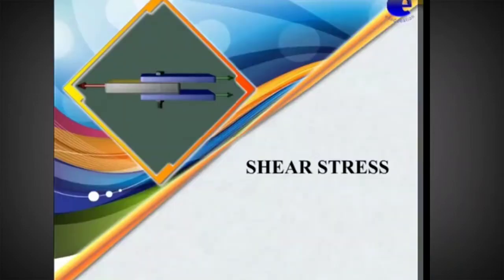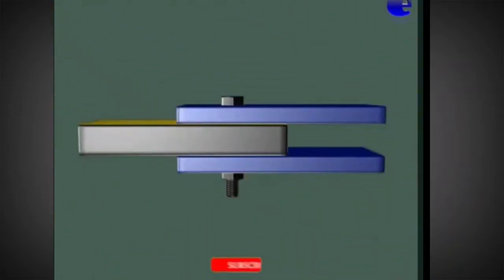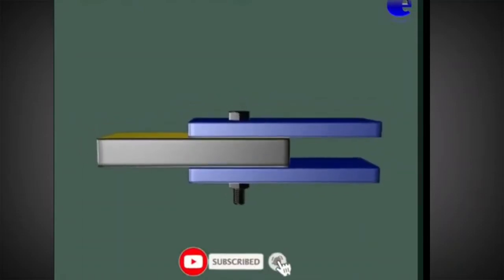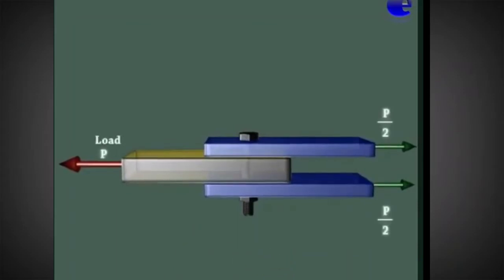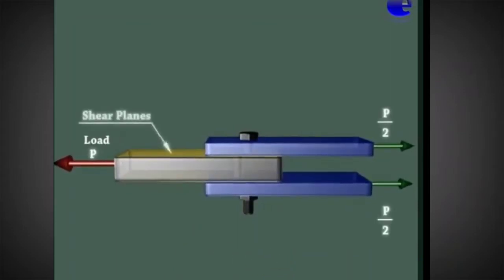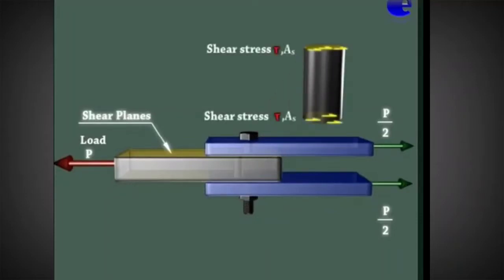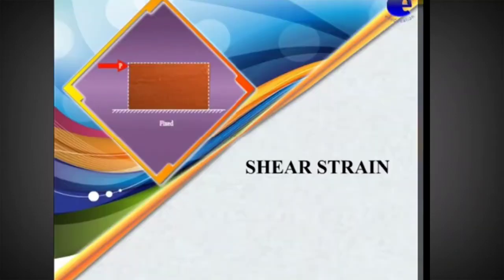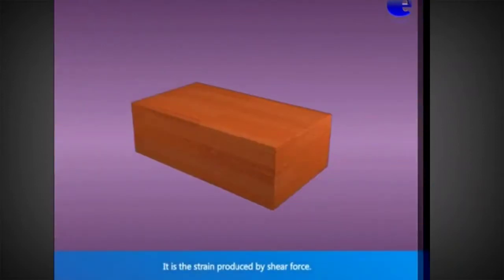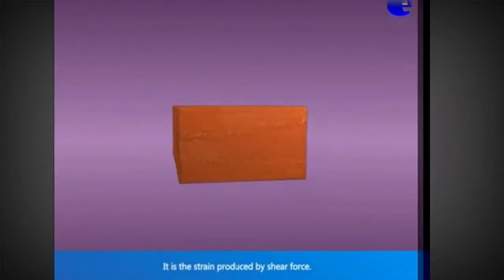Shear stress. An example of shear stress is a double-lapped mechanically fastened joint. It is the stress, or resistive force, developed against shear force: shear force divided by total area. Shear stress is denoted by the Greek letter tau. Shear strain. It is the strain produced by shear force.